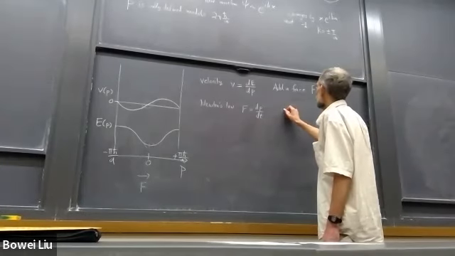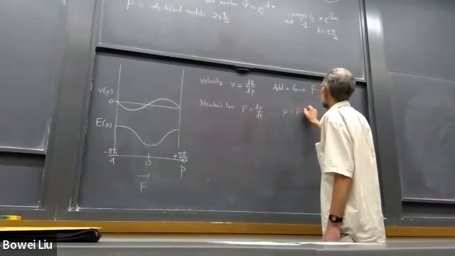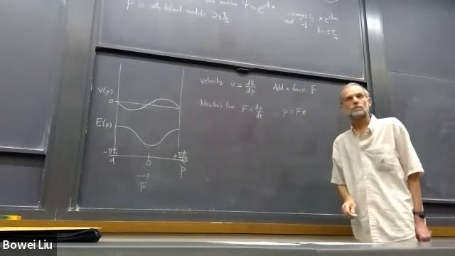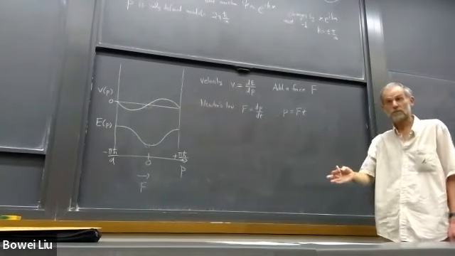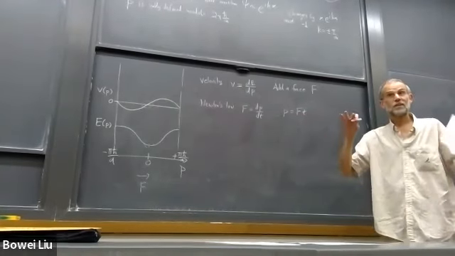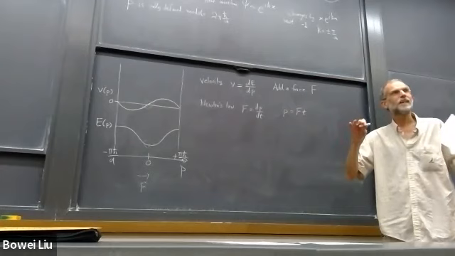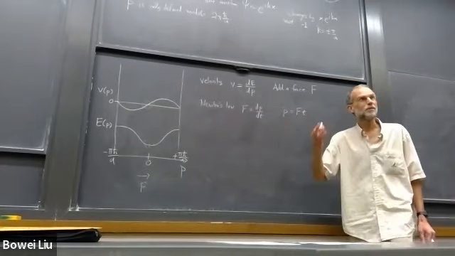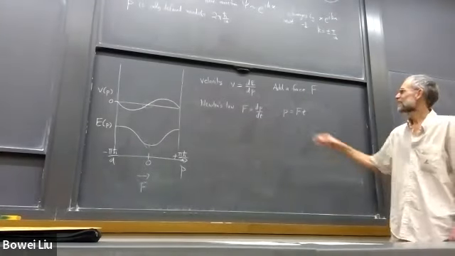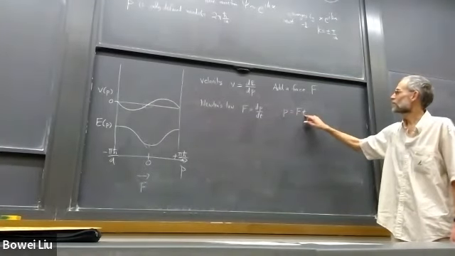But it's a constant, uniform force, so p is just going to be F times t. It's a constant, quote, acceleration, but by acceleration I mean the time derivative of the momentum, not the time derivative of the velocity. So p just grows linearly.